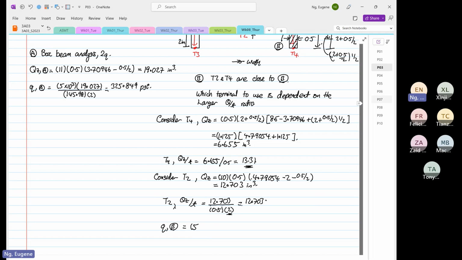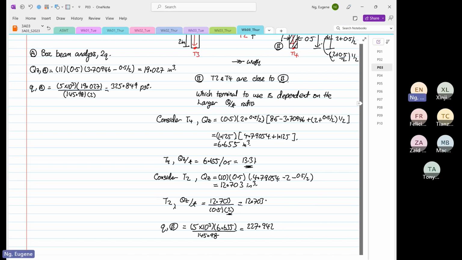So 5 times 10 to the power 3 multiplied by 6.655 divided by 145.98 is equal to 227.942.